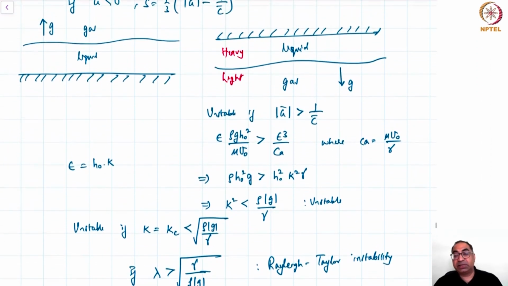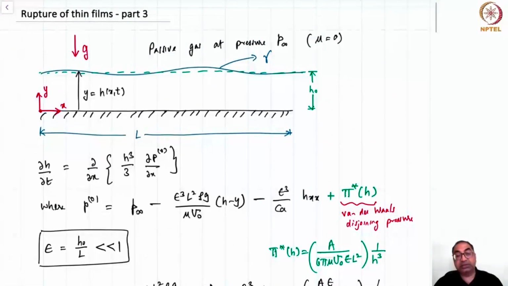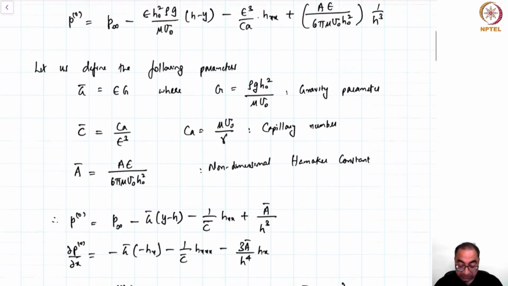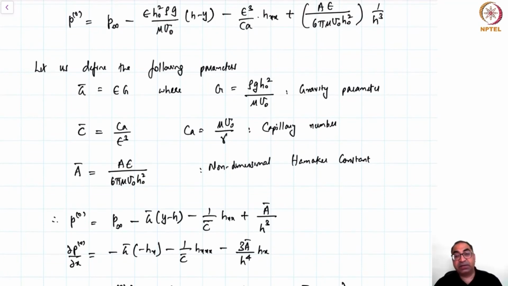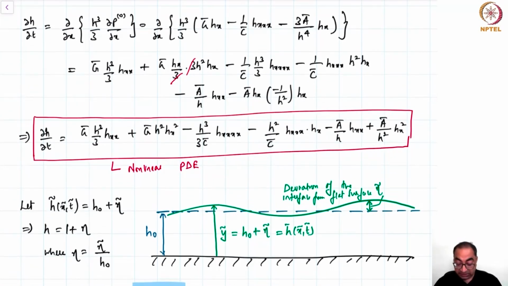So let me quickly summarize what we have done so far in this lecture. We started by looking at the evolution equation for the thin film. We introduced the van der Waals force in the form of a disjoining pressure. Then we made the expression compact by defining three parameters: G bar, C bar, and A bar. These are the gravity parameter, capillary parameter, and finally the non-dimensional Hamaker constant. Then we derived a nonlinear partial differential equation for the height.